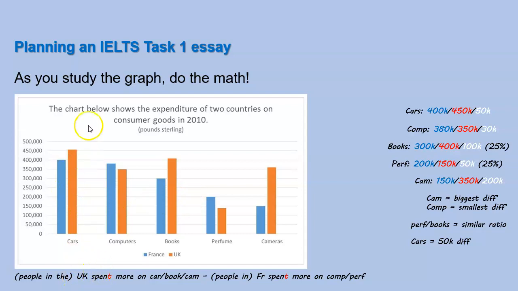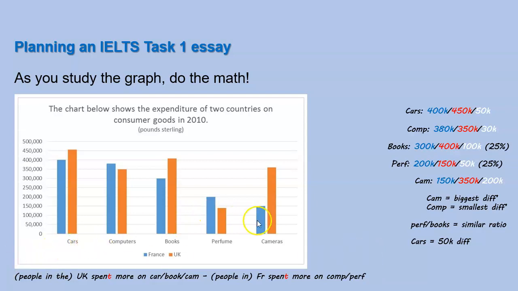We can see just by looking at the bars that British consumers spent more than the French on cars, on books, and on cameras, whereas the French spent more than the British on computers and on perfumes. So by making notes of this along here, we've set out all the information, and it's becoming clearer what we have to talk about.